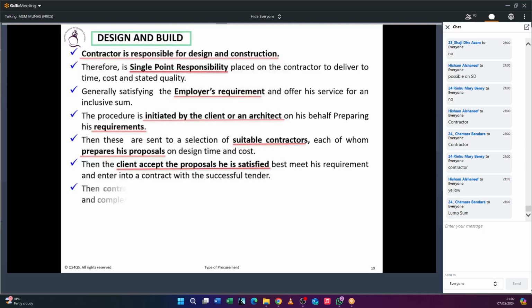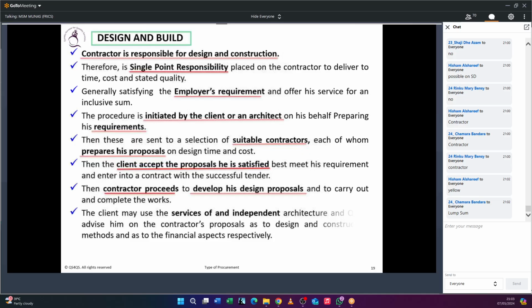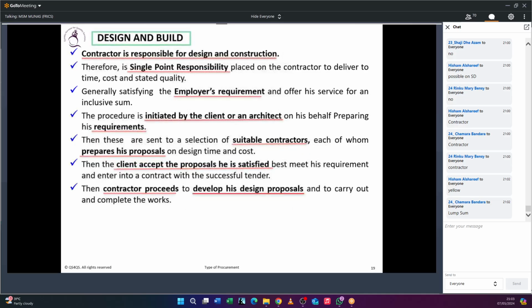So once done, the contractor will get the project award and he will develop his proposal into a detailed design and complete the work. So what will happen while he is developing the design? Sometimes he can speed up the work, like preliminary works, enabling works at site, like constructing the site offices, access road, like that. While one team develops the design, the other team will do the construction.